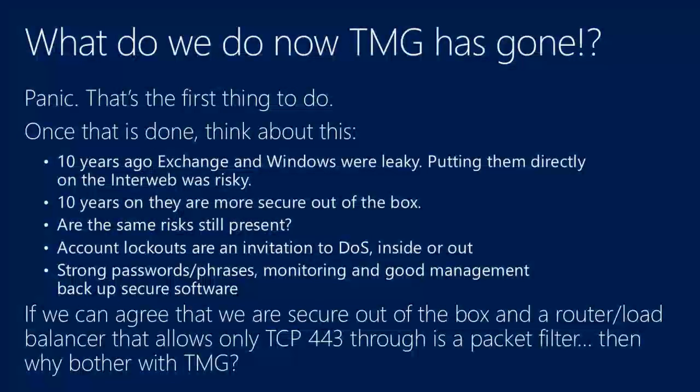So people still do some of the things that they used to do 10 years ago and that people think are a bad idea. Account lockout policies. How many people have probably still got account lockout policies enabled in their orgs? Too many. And do you know why? We've been telling people not to do it for years. And account lockout policies are an invitation to a denial of service.